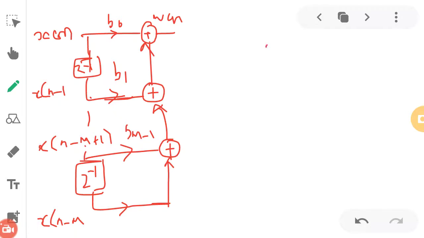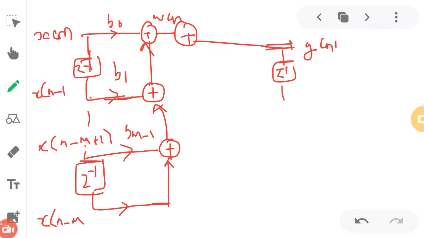Then how will we get y of n? This will be y of n, then y of n is equal to w of n plus the next term, y of n minus 1. For that we take z inverse, and here we will get y of n minus 1, and this we will add. Here we will get minus a1 into y of n minus 1 plus, like that it will go up to here.